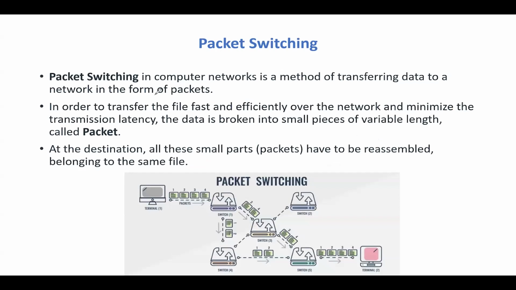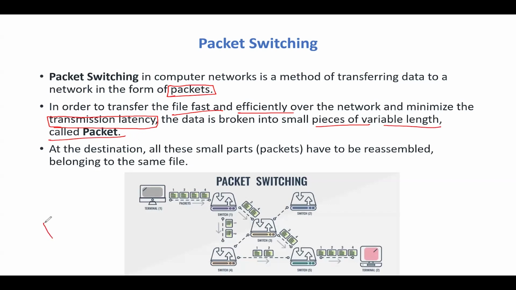Packet switching in a computer network is a method for transferring data over the network in the form of packets. So here the entire message will be divided into packets, in order to transfer the file fast and efficiently over the network and minimize the transmission latency. Transmission latency is nothing but delay in transmitting the data. The data is broken into small pieces of variable length called packets.